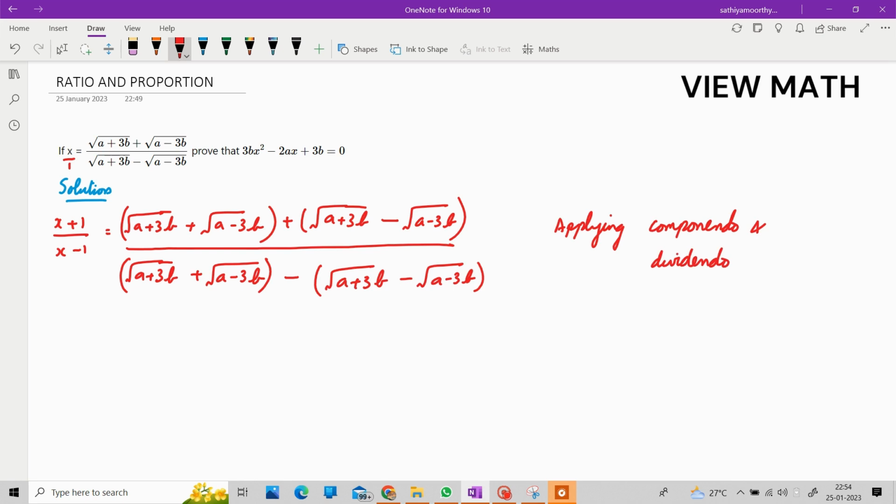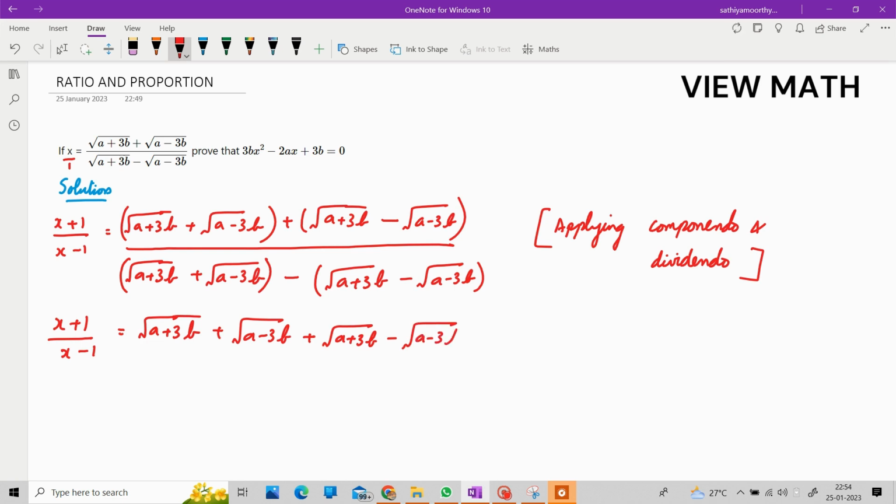Okay. Now x plus 1 as it is and x minus 1 also as it is I am writing. Now let me simplify this. Numerator term I will be getting as it is square root of a plus 3b plus square root of a minus 3b plus square root of a plus 3b minus square root of a minus 3b.